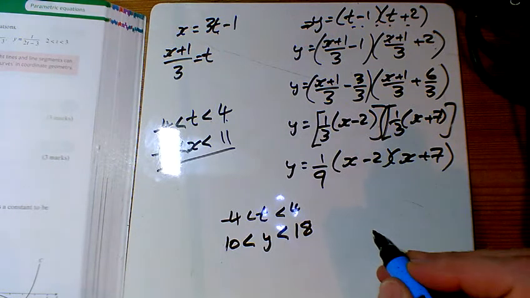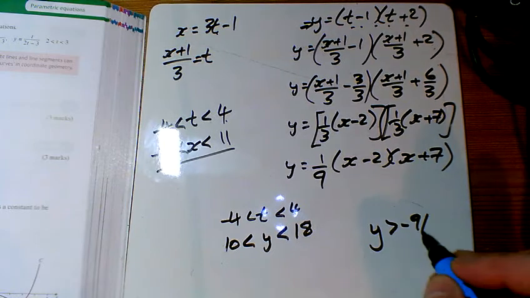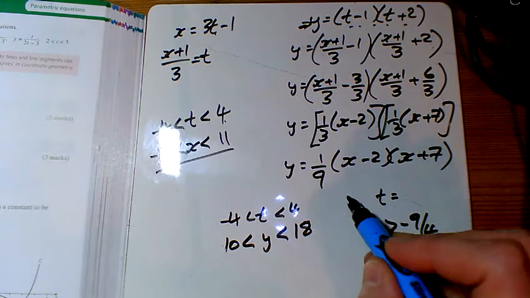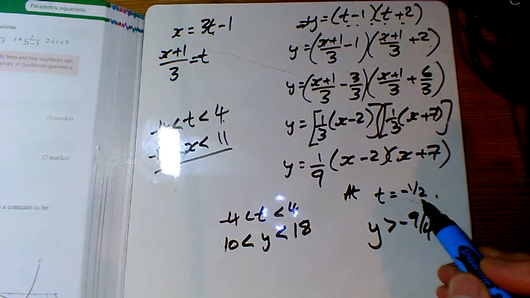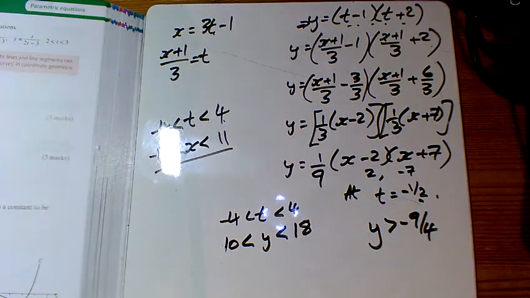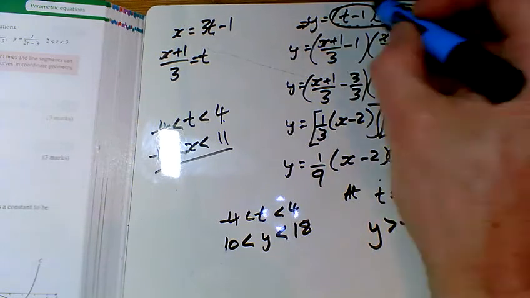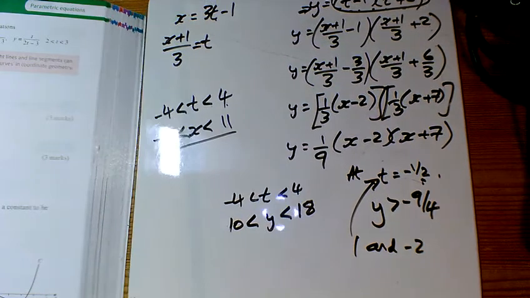And the minimum value of this is that y has a minimum value of -9 over 4, and that happens at t equal to -1/2. You could get that by spotting that it's halfway between 1 and -2. That tells you where the minimum is going to be from a bit of symmetry there.